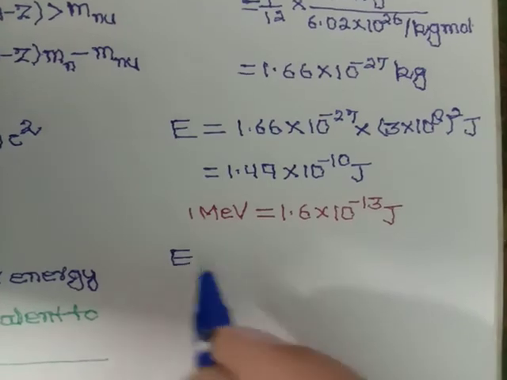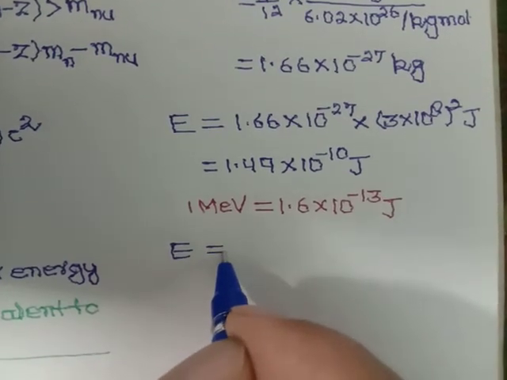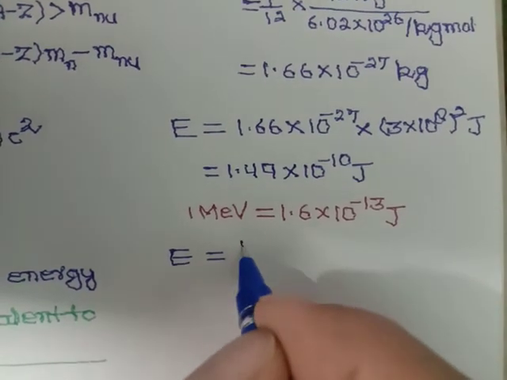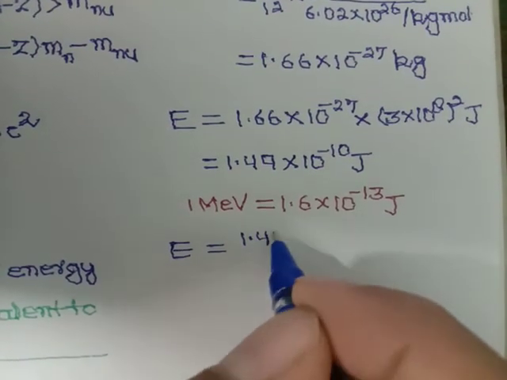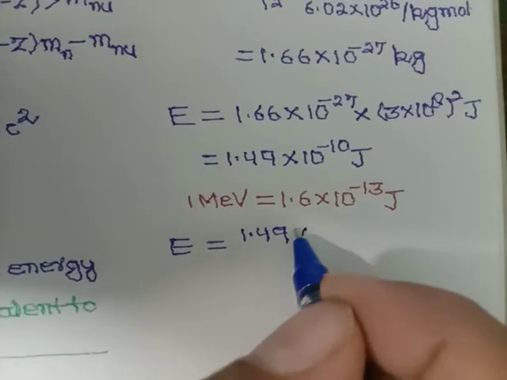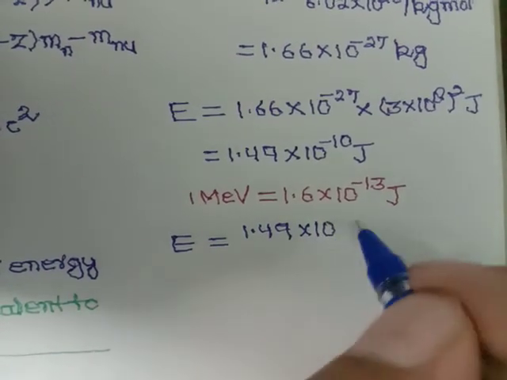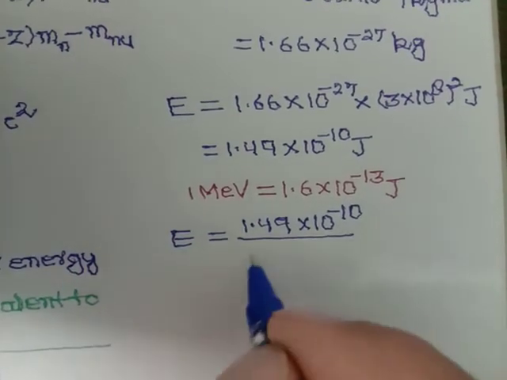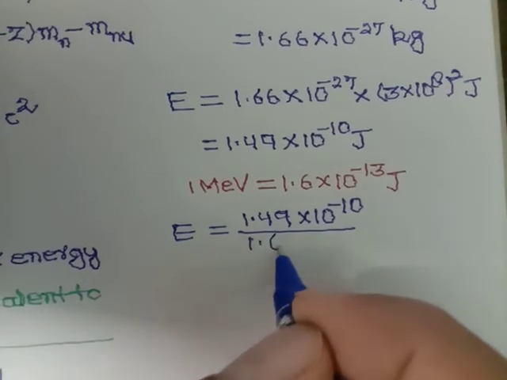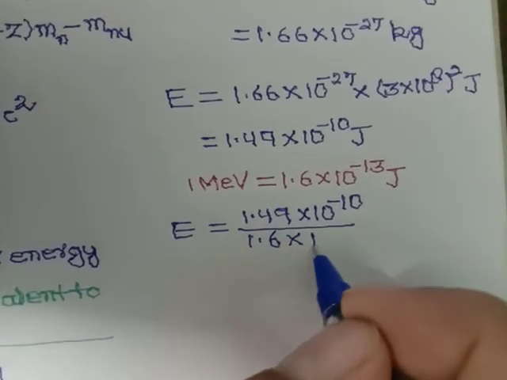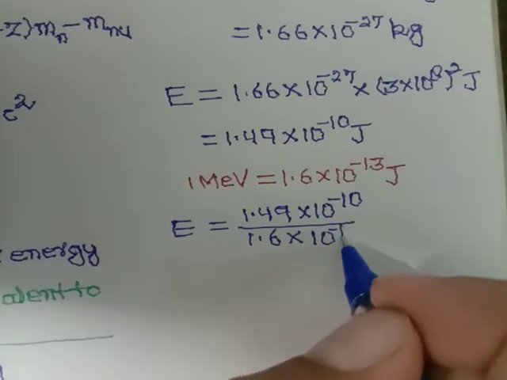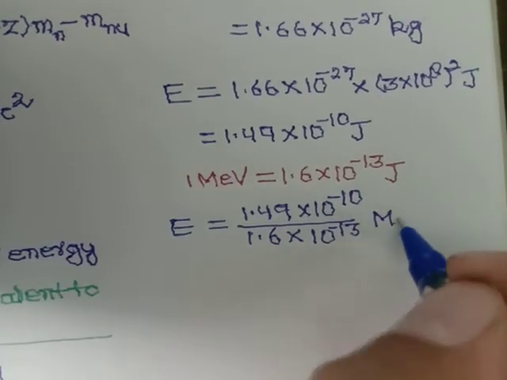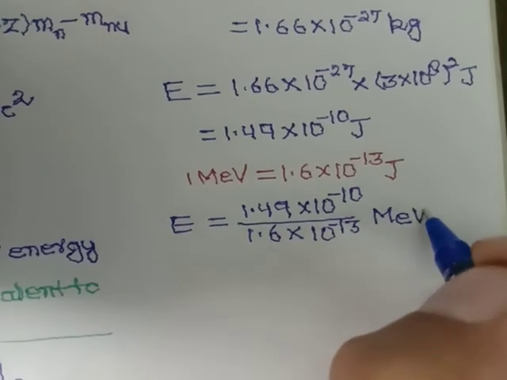So the energy equivalent to 1 atomic mass unit is equal to 1.49 into 10 to the power minus 10 divided by 1.6 into 10 to the power minus 13 mega electron volts.